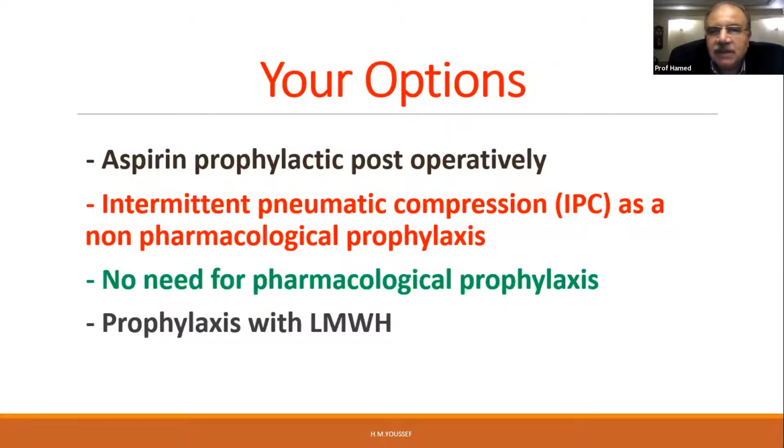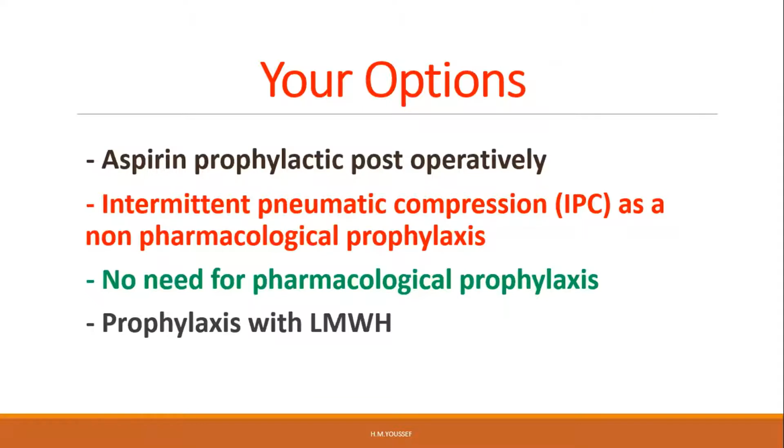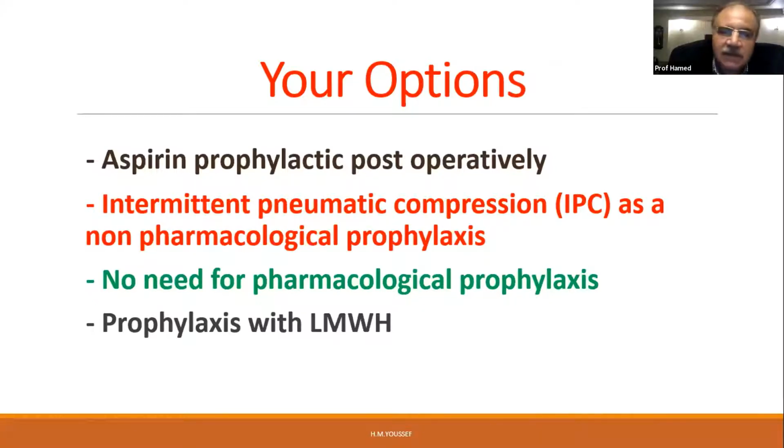Any participant can help me with this answer? Ragda, can you open for the participant? Please raise the hand. The question: if you have a patient in need of surgery, what do you recommend?